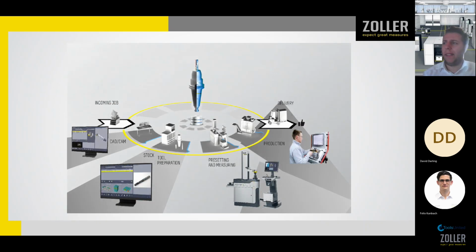Now this graphic displays where tool data is utilized within your company. The idea here is to have a digital twin across the board, right from the CAM up to the finished part. What do I mean with digital twins?